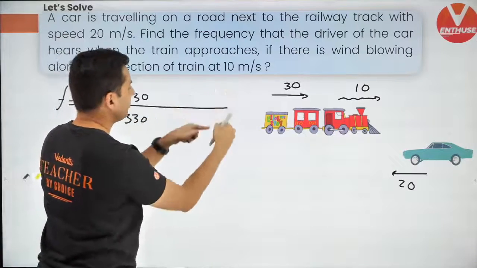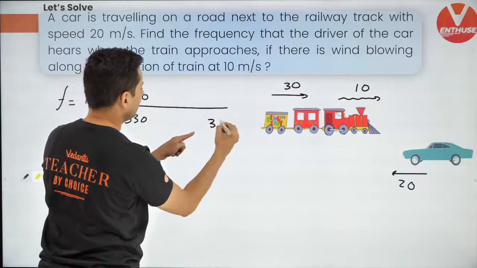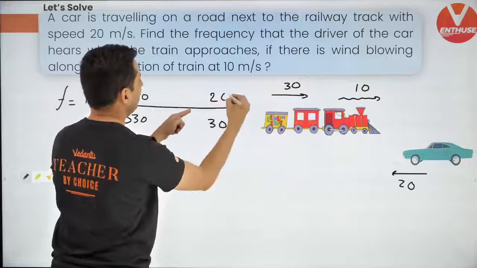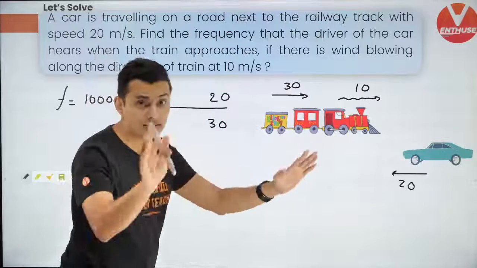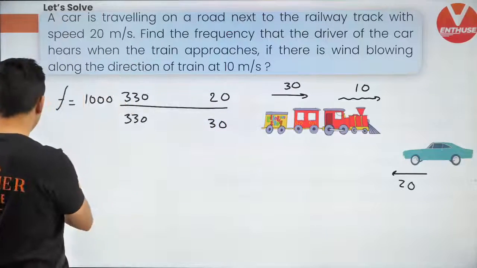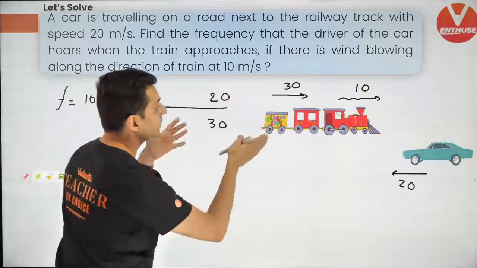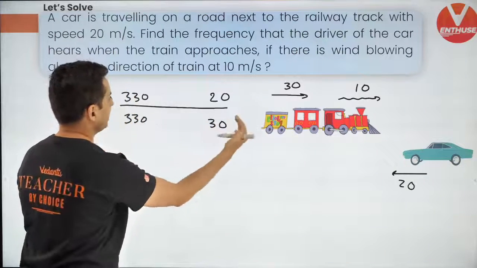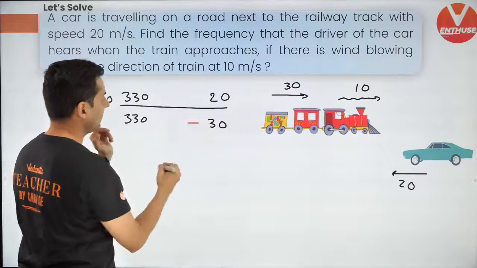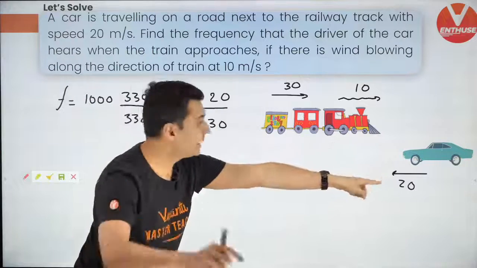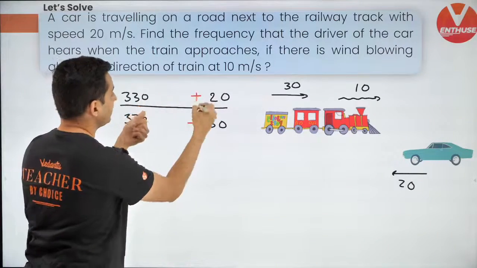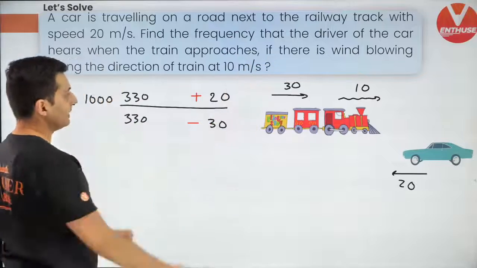Source on the bottom, meaning 30 below, and detector on the top. Assign the signs as before. Since the source is moving towards, the denominator should decrease, so minus sign. And since the detector is also moving towards, the frequency should increase, so the numerator will increase.